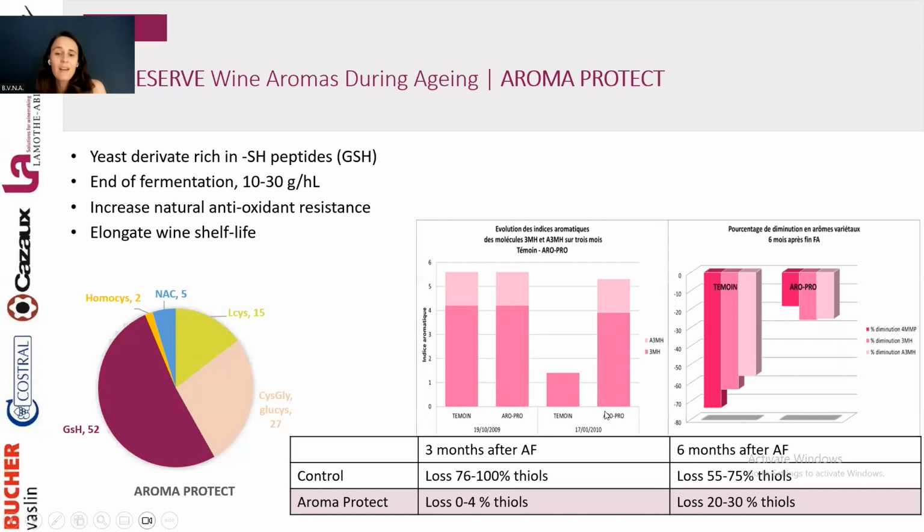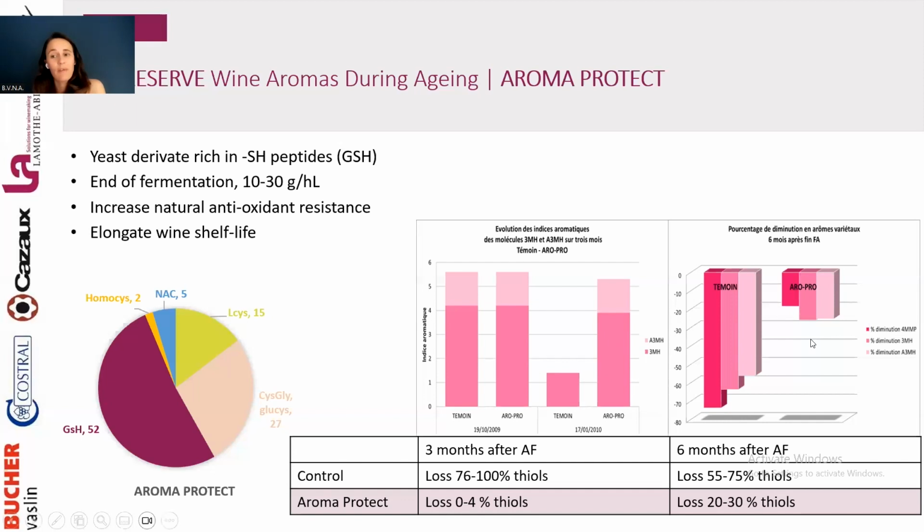As you can see, during 3 months of aging, our Aroma Protect preserves most of the 3-MH and most of the acetate 3-MH, while the control lost all the acetate 3-MH and basically 76% of the 3-MH in only 3 months of aging.